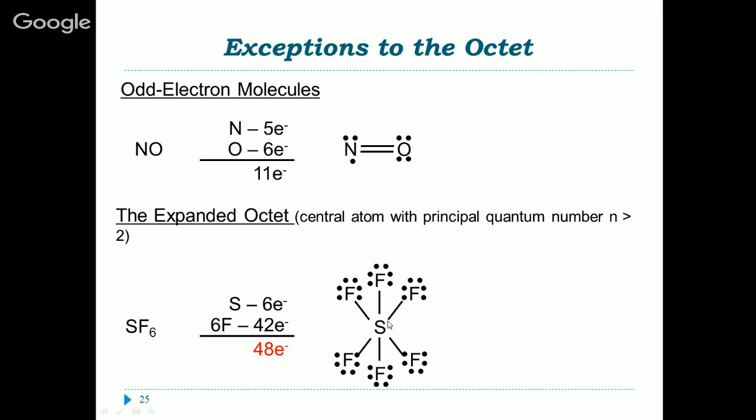This is acceptable because sulfur has that empty d orbital. Notice each of my fluorine atoms has 8 electrons around it because it has to have 8. So this is an acceptable structure because sulfur can have an expanded octet. And if you want to, I suggest that you do count all these electrons to make sure that they are all there.